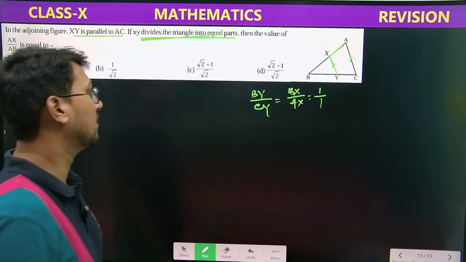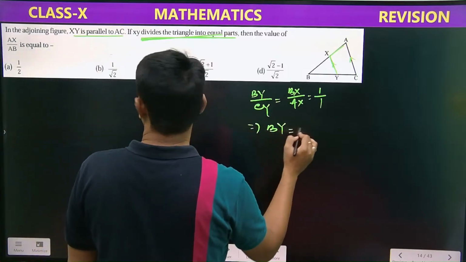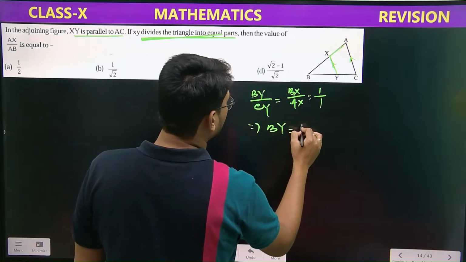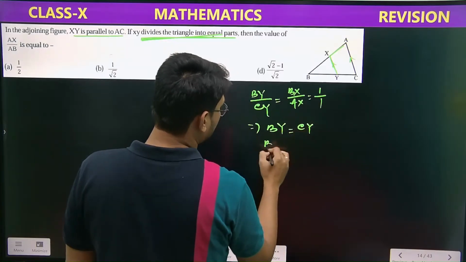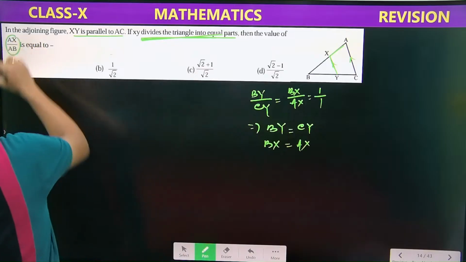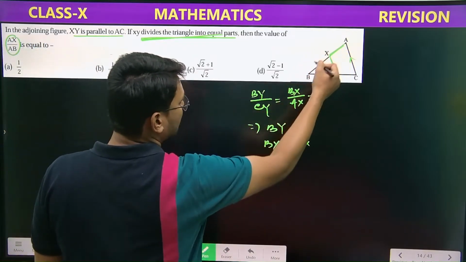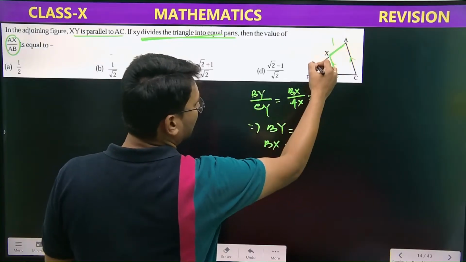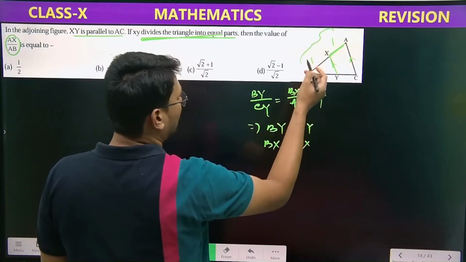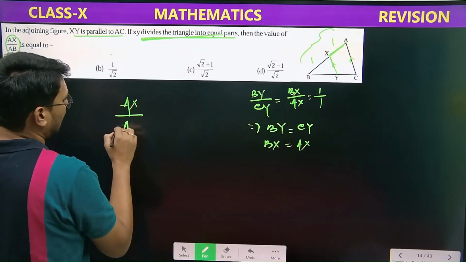Are you clear, everyone? So CY as well as BX equals X. Now the question is asking to find AX by AB. ये तो one part है, ये भी one part है. So total how many parts? Total 2 parts.